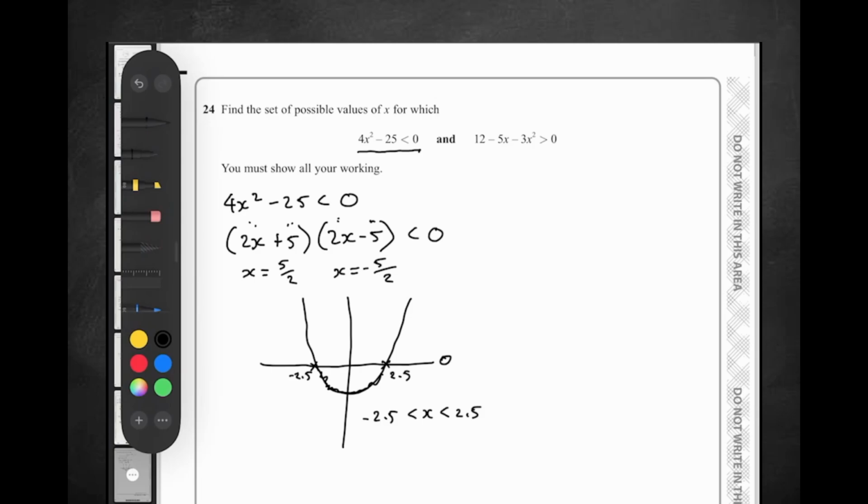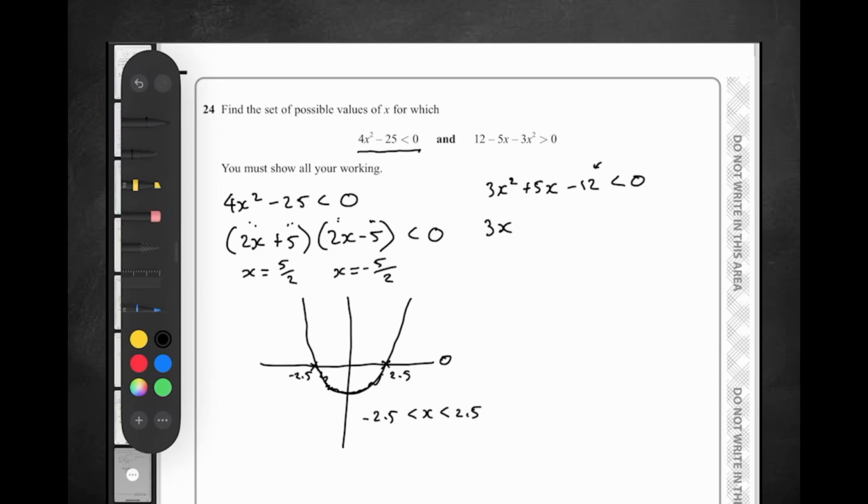The other side, we'll immediately turn this into a positive because it's a bit awkward trying to use minus x's, and we will flip the sign. Then we will factorize this out. So we know that we're going to need a 3x here since we have 3x squared. We know that the two numbers are going to need to multiply together to get minus 12.